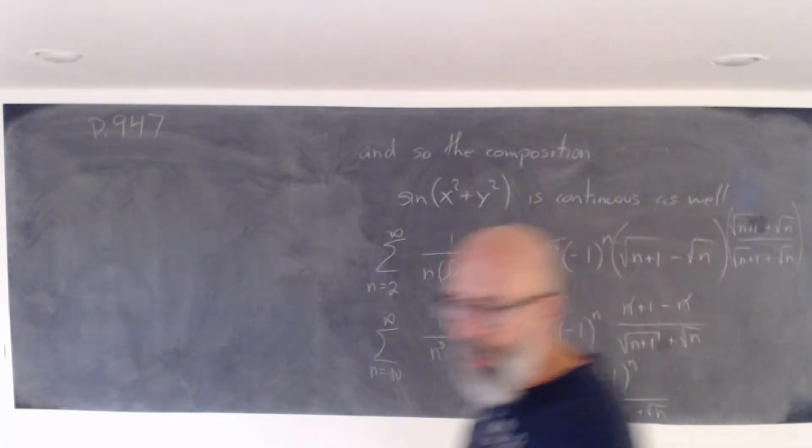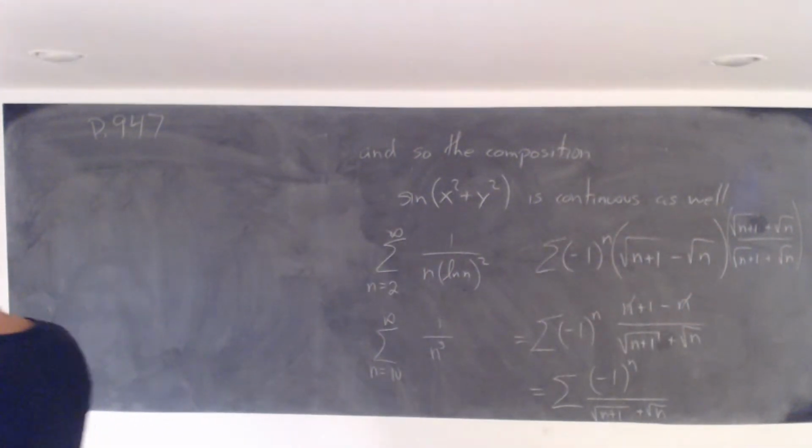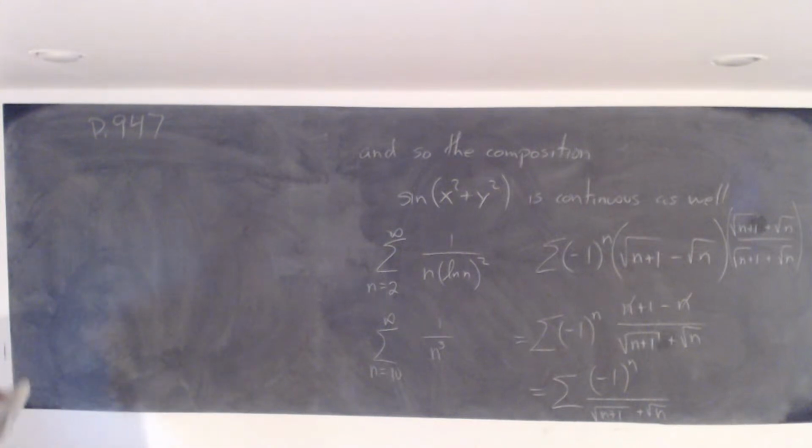So, it is a series with both positive and negative terms, so two questions arise naturally. Does it absolutely converge?